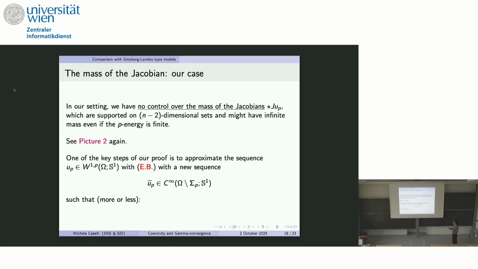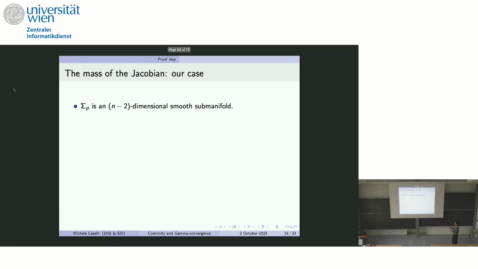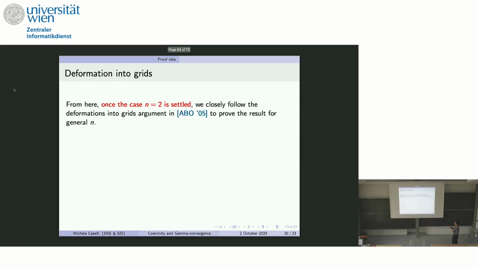And indeed, one of the key steps in our proof is that we start from a sequence u_p with the correct energy bound for the gamma convergence, and we deform this sequence to a new sequence that is modified outside an n-2 dimensional surface, such that some properties hold.